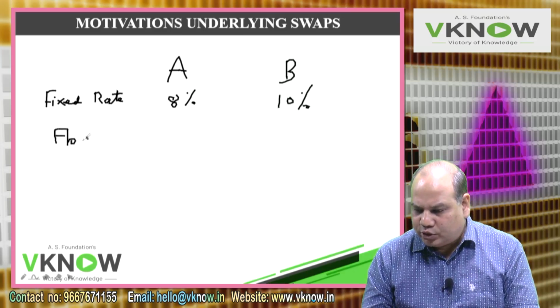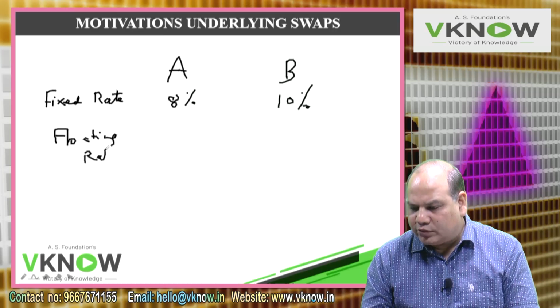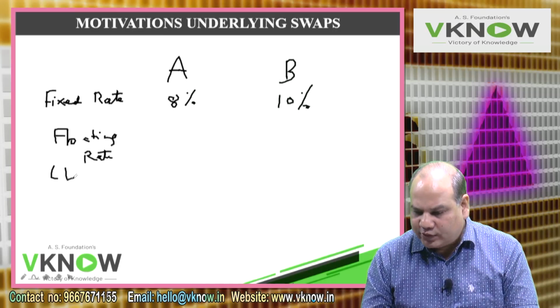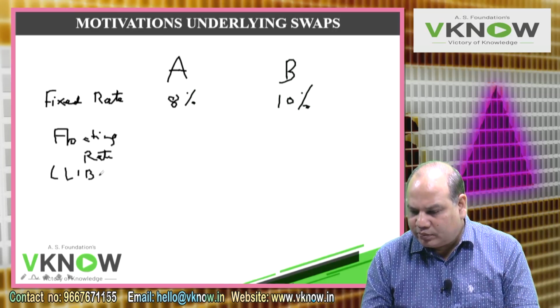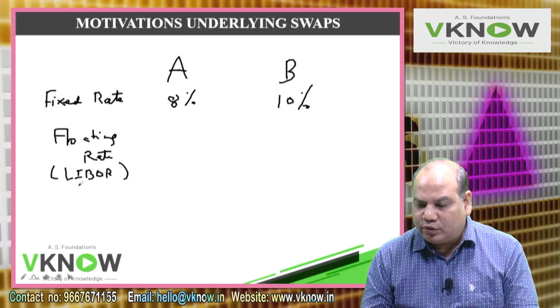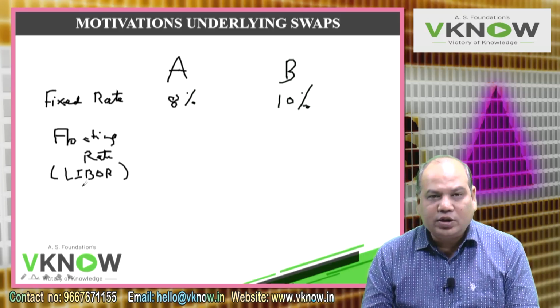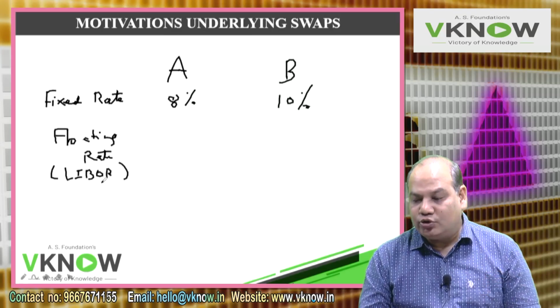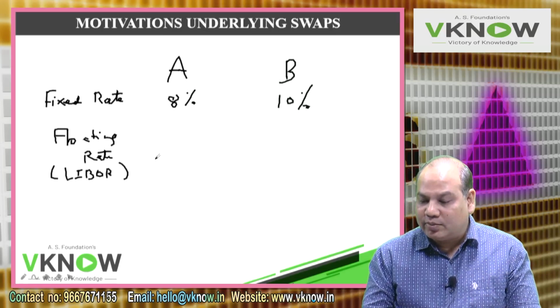And now you see floating rate. Floating rate means the rate of interest will change. It is linked to a benchmark rate. For example, the benchmark rate can be LIBOR, London Interbank Offer Rate, the rate of interest in London market, London Interbank Offer Rate of interest at which one bank lends to another bank in London Interbank market.